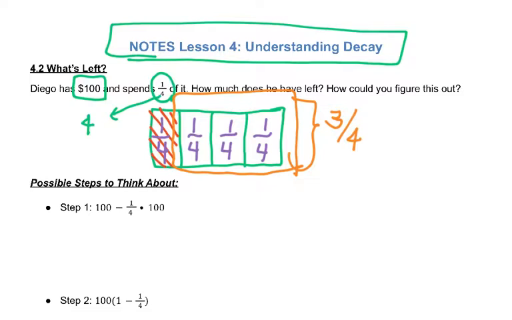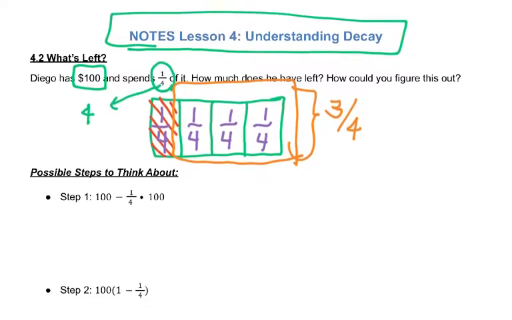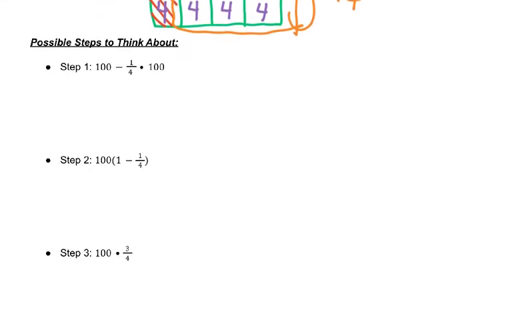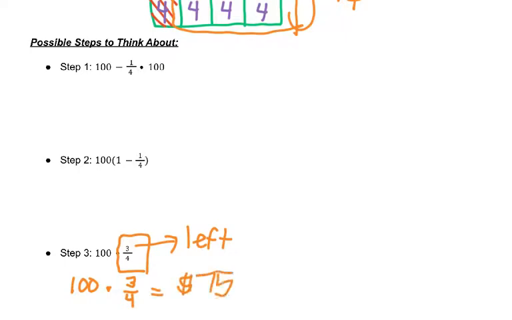So this is where all of this information right here comes from. Take a look. 3/4 is left. If I take 100 and I multiply that by 3/4, I would get $75.